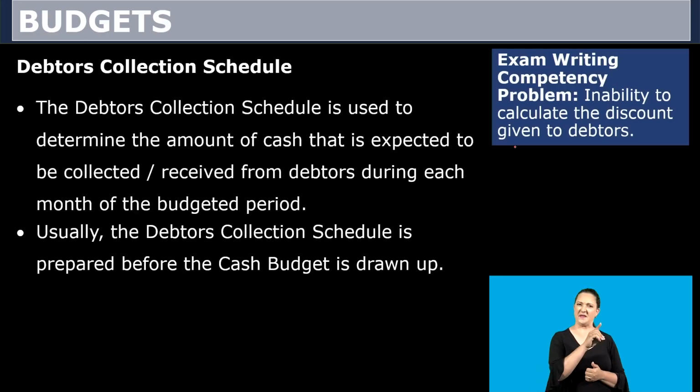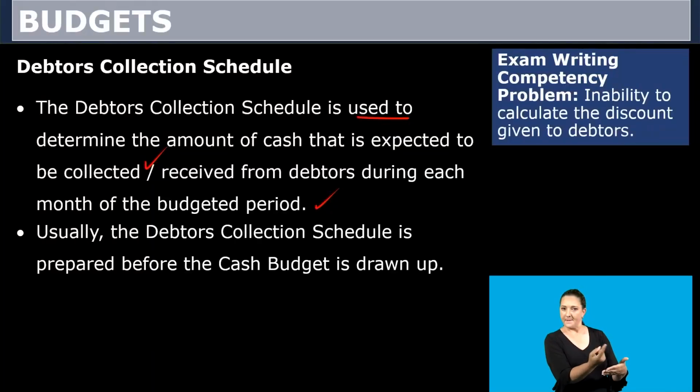What is the debtors collection schedule? The debtors collection schedule is used to determine the amount of cash that is expected to be collected from debtors during each month of the budget period. So remember, when we sell to our customers, we sell on cash, but we also sell on credit. When we sell on credit, we expect those debtors to then pay us as a business.